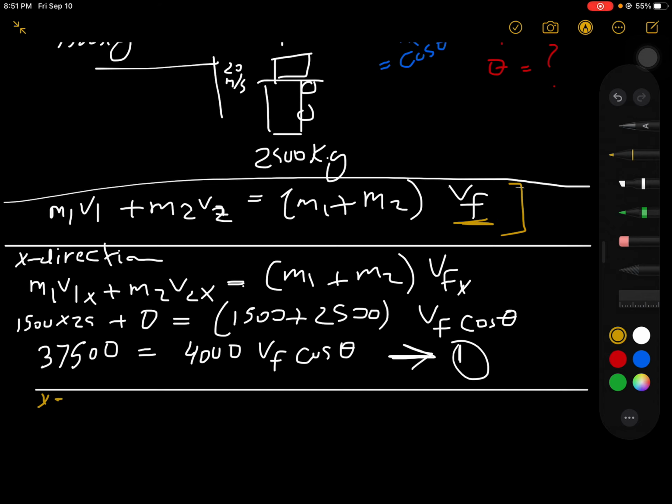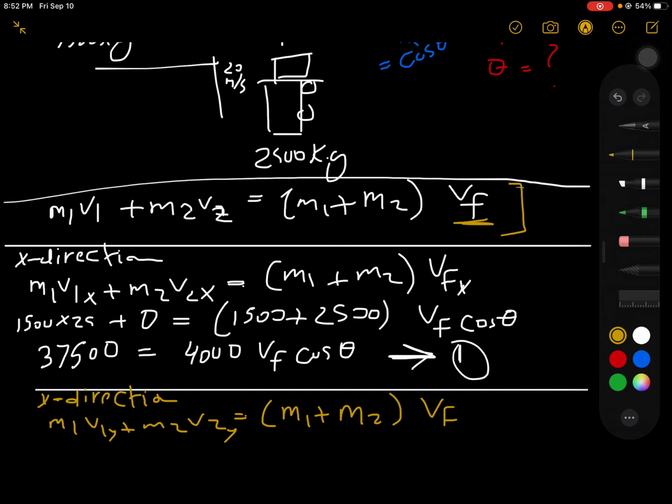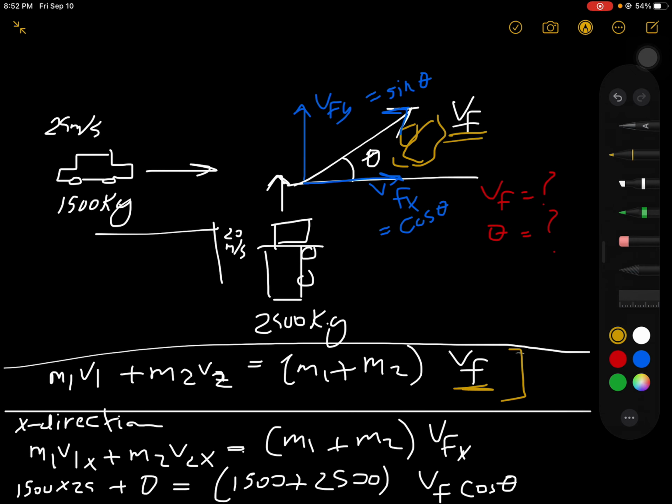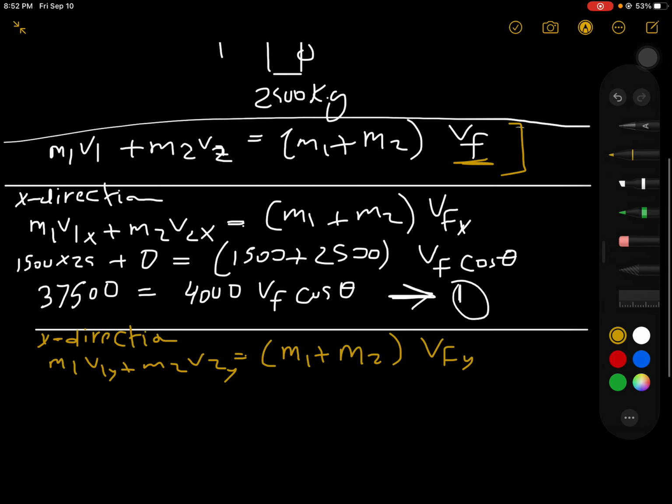So at y direction, m1 v1y plus m2 v2y equals m1 plus m2 times vfy. m1 v1y, as you see, v1 is only in the x direction, so it does not act on the y direction, so it would be 0 times anything equals 0.